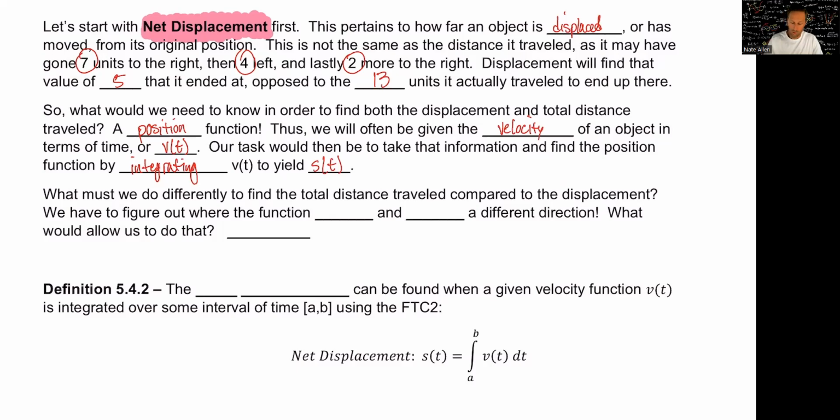So in order to find the net displacement, we find that position function, which is integrating the velocity function from A to B.